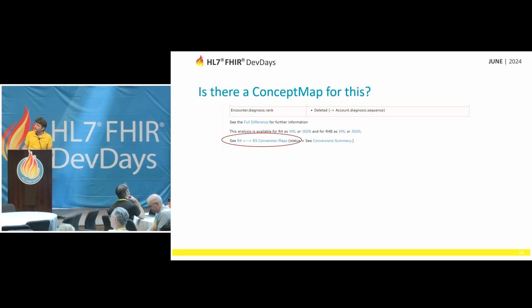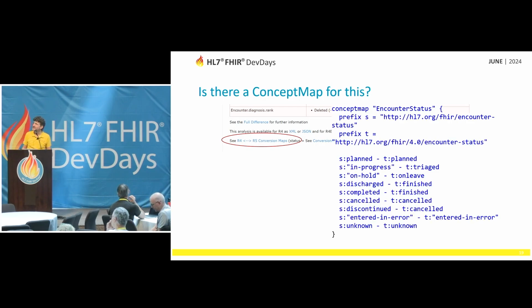These conversion maps are written in the FHIR mapping language, and there are concept maps in it, but at least it's quite readable, and what you'll find there is a mapping between the codes, between R4 and R5. Why do you need to know that? Because we want you to express the old things that were possible already still in R4, and the new things in R5. So you have to basically read this to see that planned did not change. So if you want to express planned in a code property, use the R4 planned, use the original element.